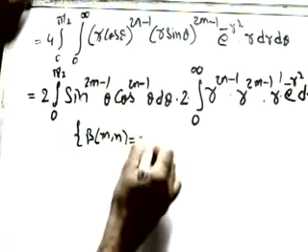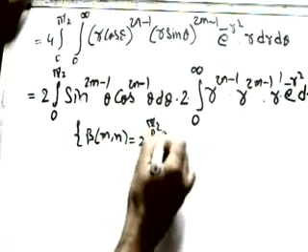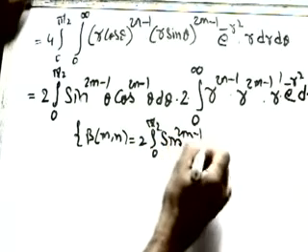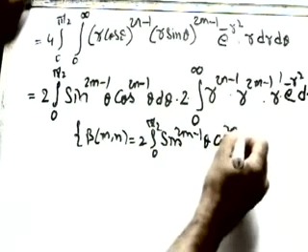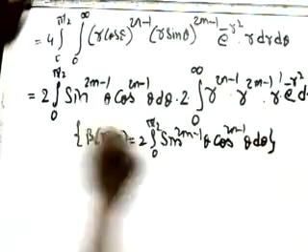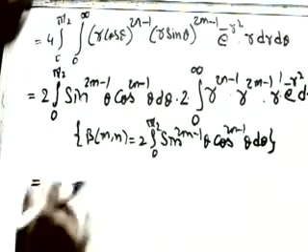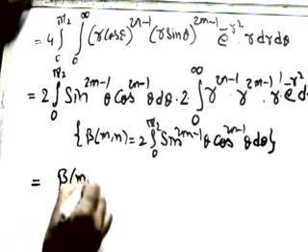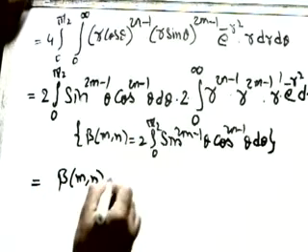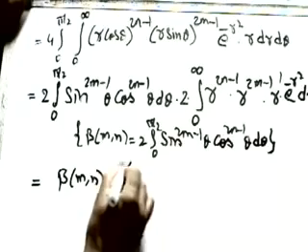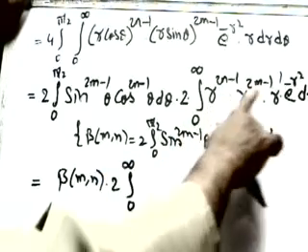We have this proof: beta of m comma n equals 2 into integration 0 to pi by 2 sine power 2m minus 1 theta cos power 2n minus 1 theta d theta. So this will become beta of m comma n, into 2 into integration 0 to infinity.